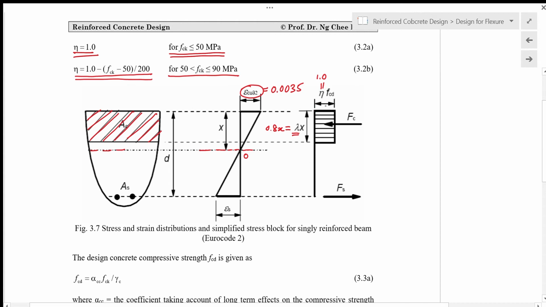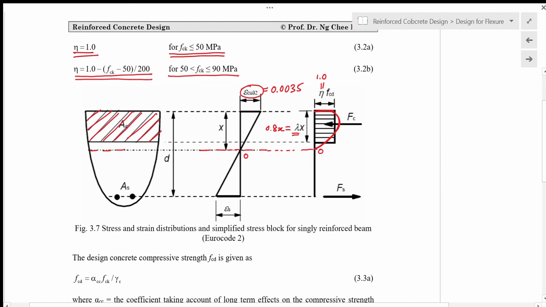In the previous lecture, we saw that the distribution of the concrete stress is a parabolic profile. This is the original profile, where you have zero stress here.